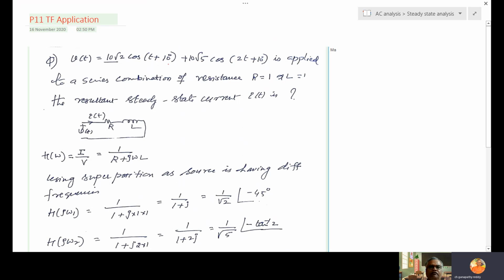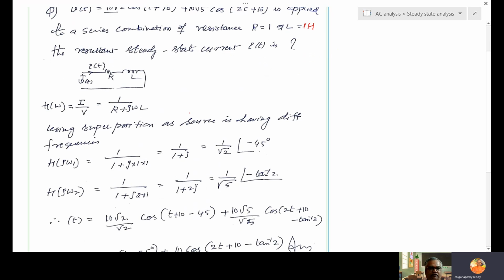Now, having different frequencies, it is applied to a series combination of resistance R equal to 1 and inductance L of 1 Henry. The resultant steady state current i of t is? So indirectly, the network is given, an AC source with different frequencies is given, find the response i of t.